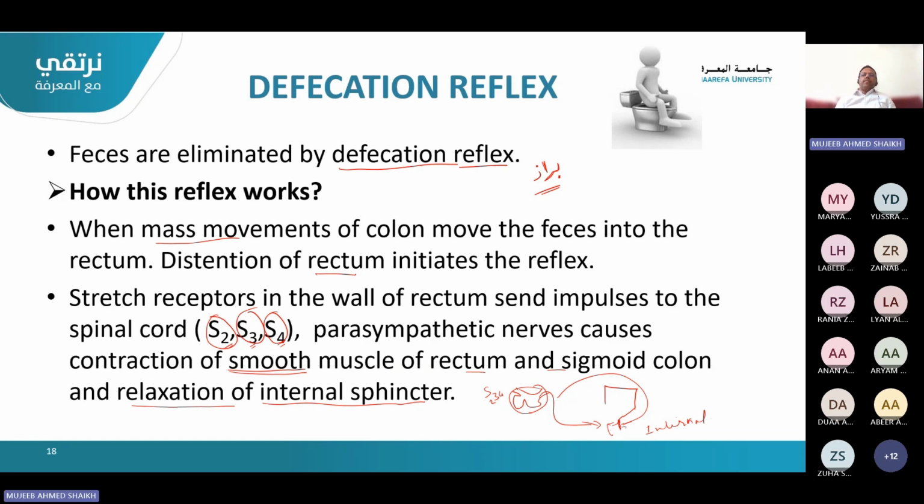Still, the feces will not come out. Why? Because the external sphincter is still closed. Why do we call it a reflex? Any idea why we give this name as defecation reflex?